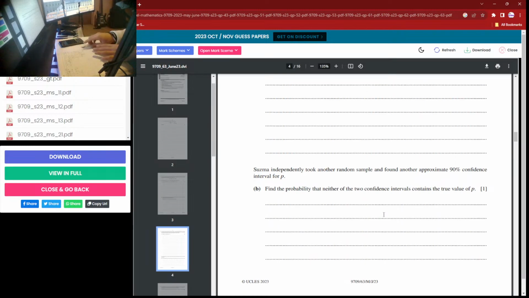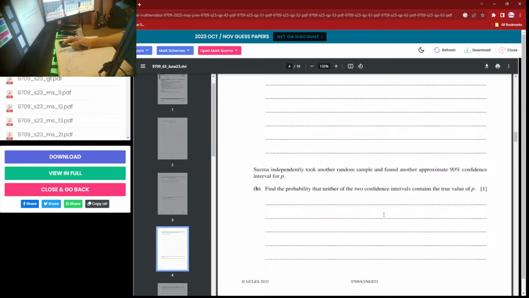So it'll just be, how do we do this again? So I know it's something to do with 90%. So we know that the acceptance region is 10%, which is 0.1.